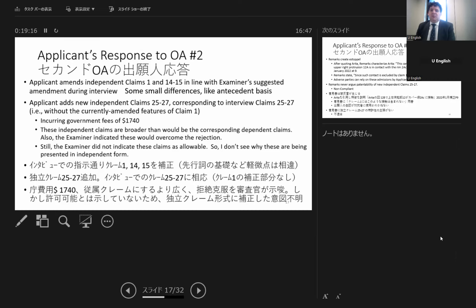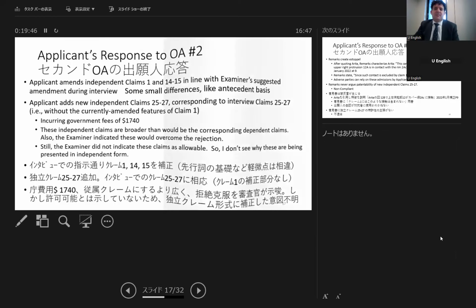So we're overcoming the rejection two different ways, but we're not necessarily getting an allowable claim. I don't really see why they're being presented in independent form. You could have kept them in dependent form and had a fallback position. And now it's just extra fees for something that might not matter or might create difficulties.